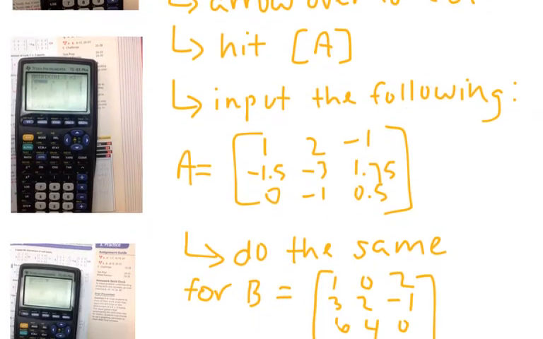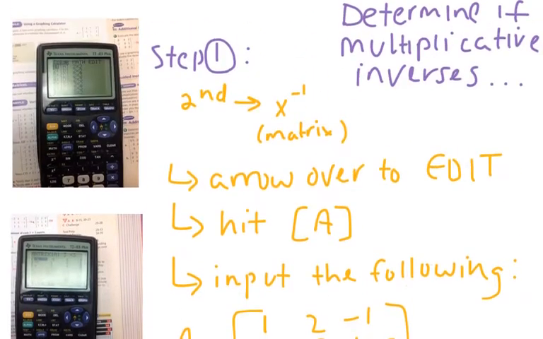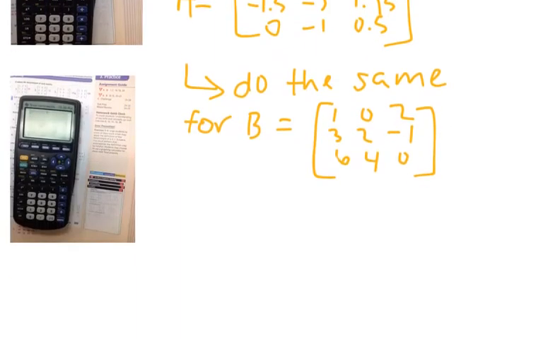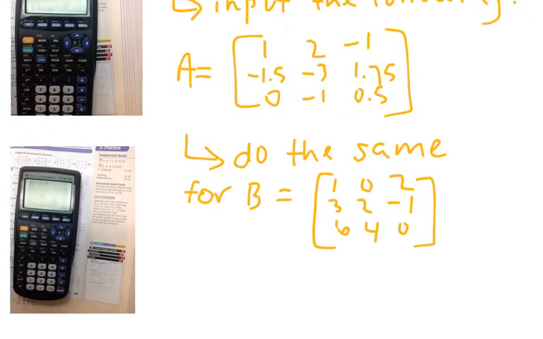Once you've input both matrices, I want you to exit out, so you can hit second quit, and bring back just a blinking screen as if you were to type in 3 minus 2. But instead, we are going to multiply our matrices together, because we know if they are inverses of each other, we should get the identity matrix.